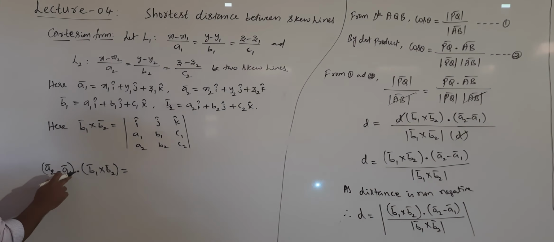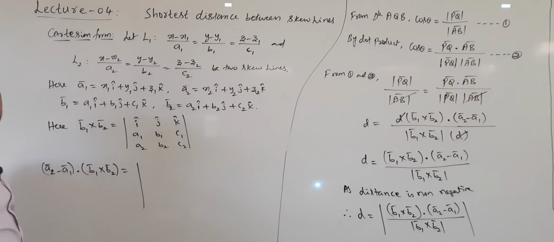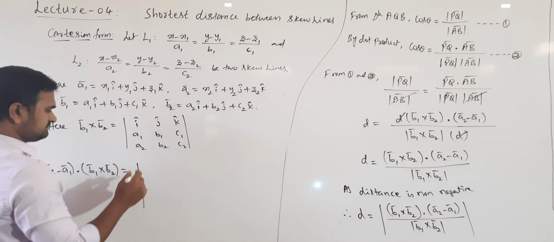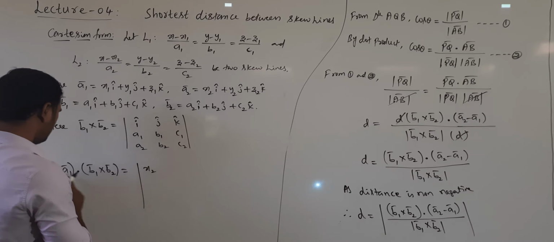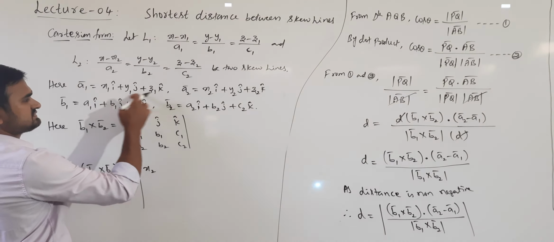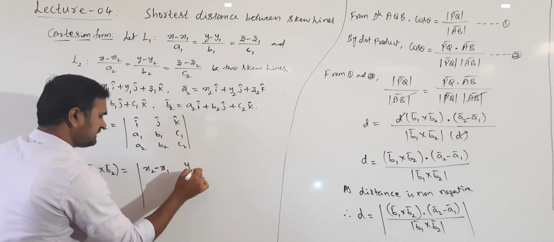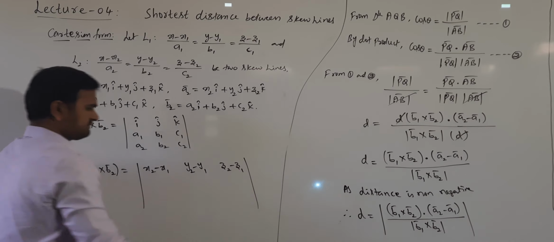So here a2 minus a1 dot b1 cross b2, when we take the dot product of this with the cross product of b1 cross b2, we will be getting the terms like this. a2 minus a1 means subtract this, we will get x2 minus x1, y2 minus y1, z2 minus z1. Okay.